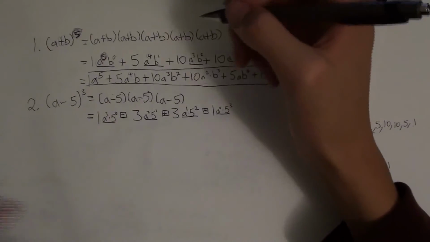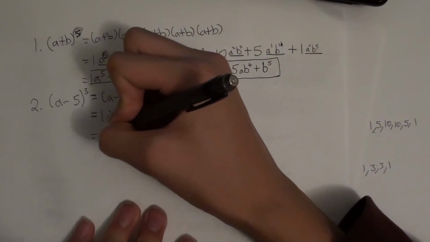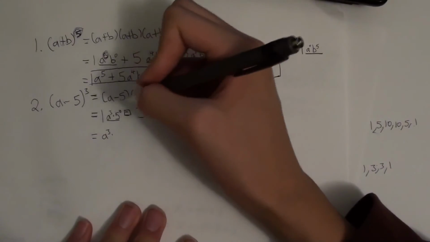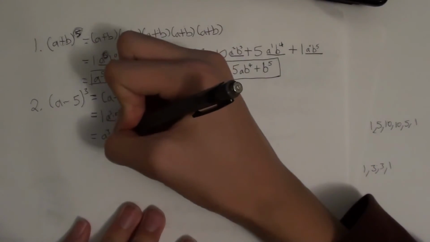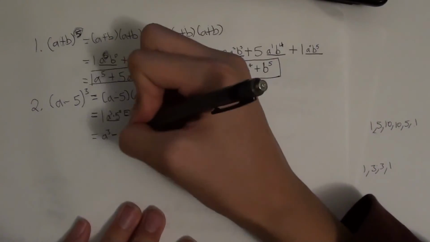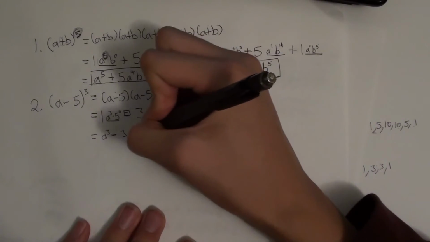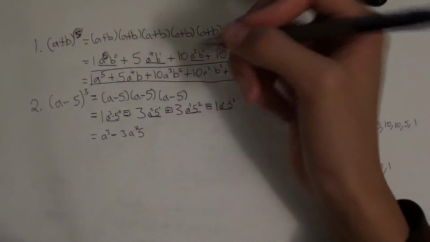Next we're just going to simplify, so that's going to be a to the power of 3 times nothing, because 5 to the power of 0 is indeed 1. And we remember that there is a subtraction sign there: 3 times a to the power of 2 times 5. Just recall that by not writing anything I just mean multiplication.